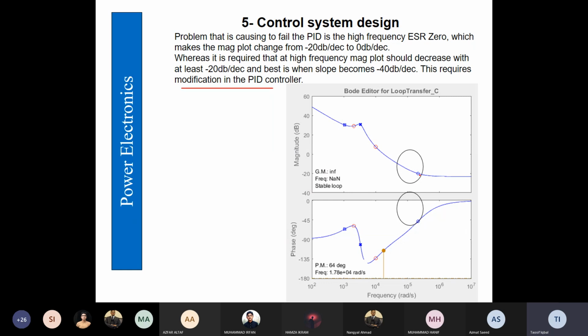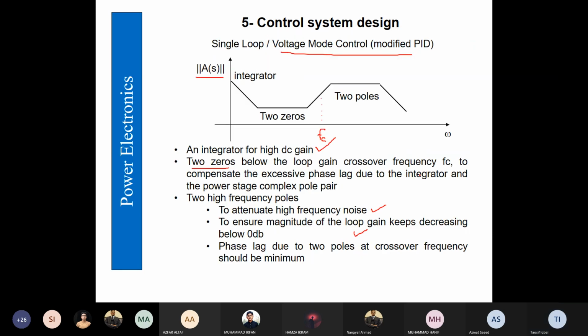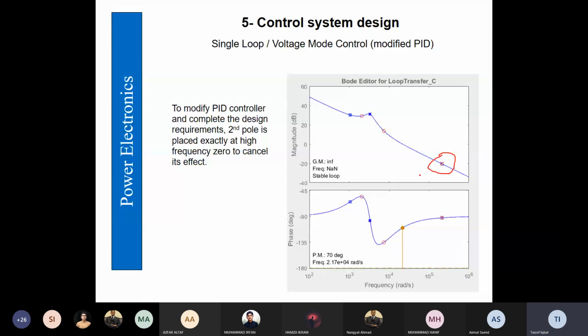Therefore, to reduce the effect of this high frequency zero, we have added another pole, and by adding this additional pole, the loop gain is now what we wanted, with a very good slope.